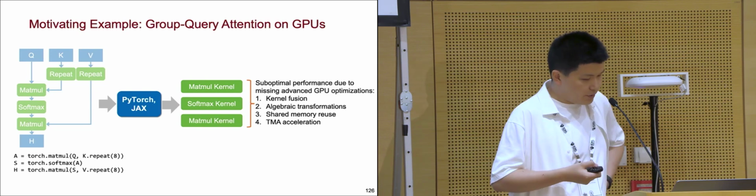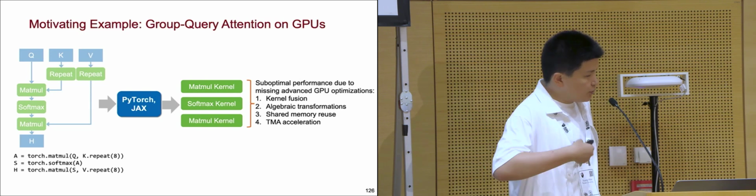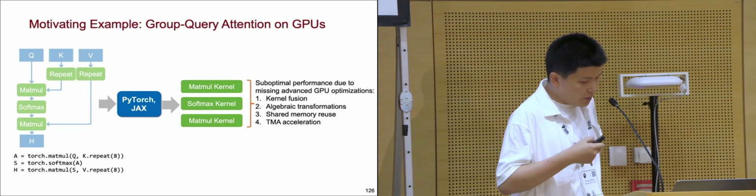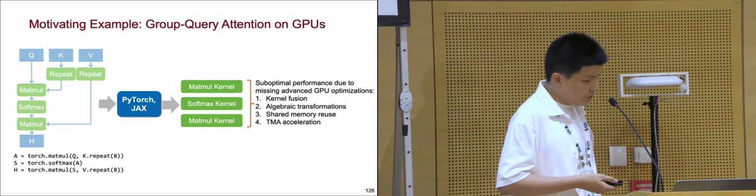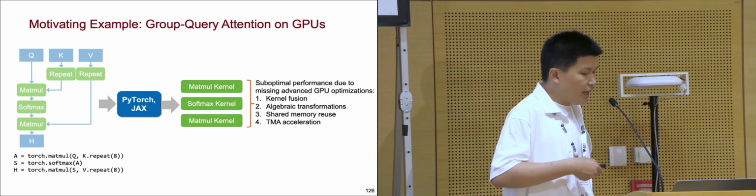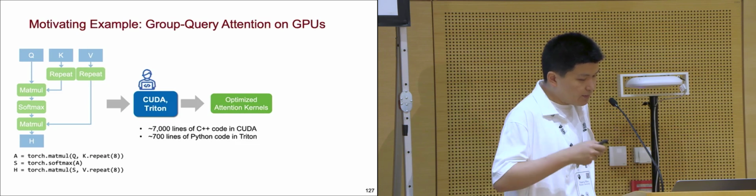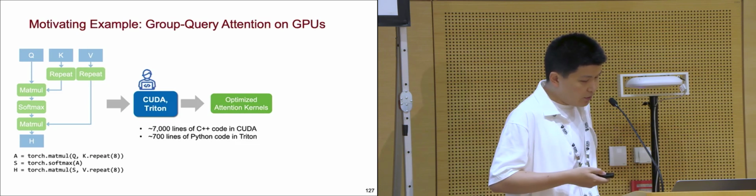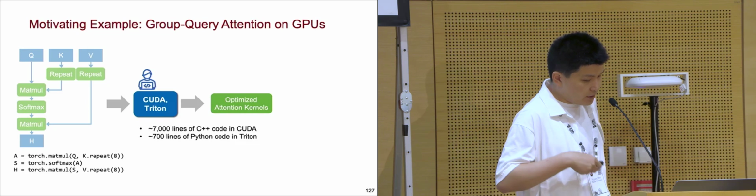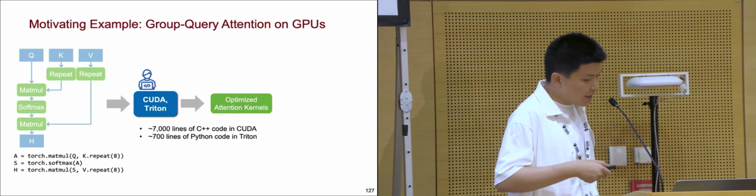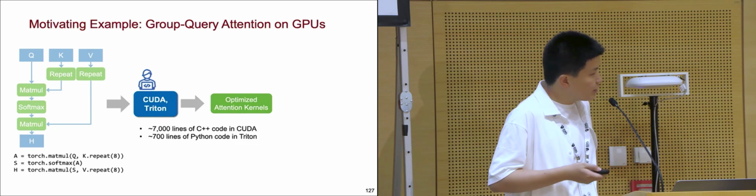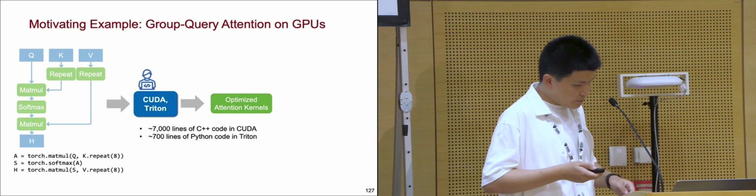To improve GPU efficiency and performance, these streaming processors are becoming increasingly complicated and heterogeneous. For example, we have tensor cores introduced in V100, the sparse tensor cores in A100, and the thread block cluster and the tensor memory accelerator in H100.